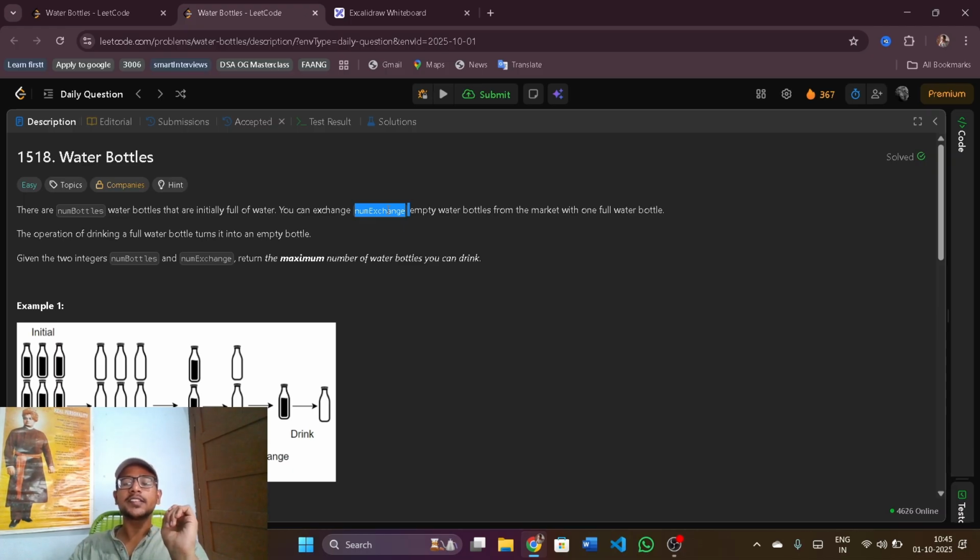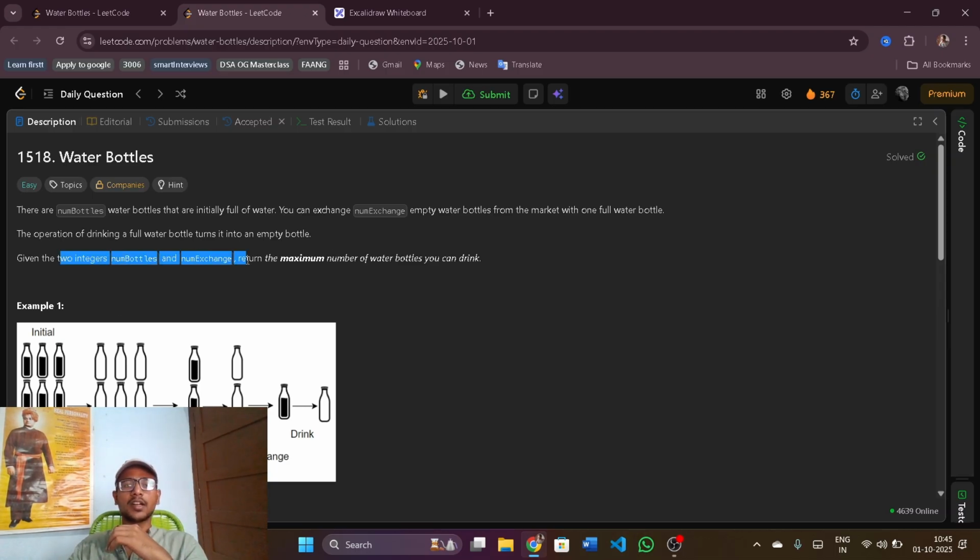If num exchange is 3, you can give 3 empty water bottles in the market and get a full water bottle, right? Now, the operation of drinking a full water bottle turns it into an empty water bottle. As you have a filled water bottle, you can drink it and make it empty.